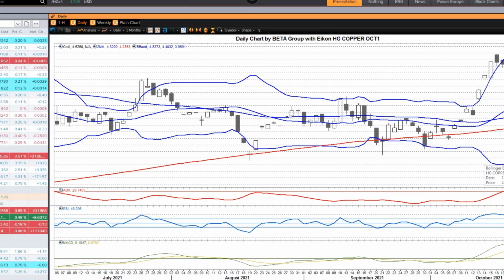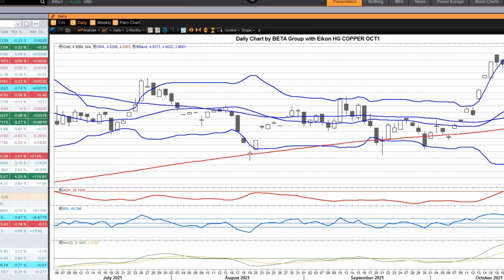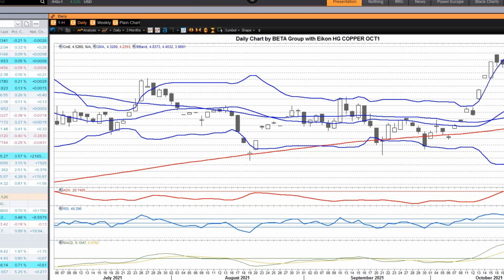So we're coming back to a support level where I would not be surprised to see it stabilize. The RSI has corrected its overbought condition, come back to 50 in the strong uptrend. So I feel that copper is going to stabilize close to here, and then we'll see whether it's ready to have another proper go at breaking that high.